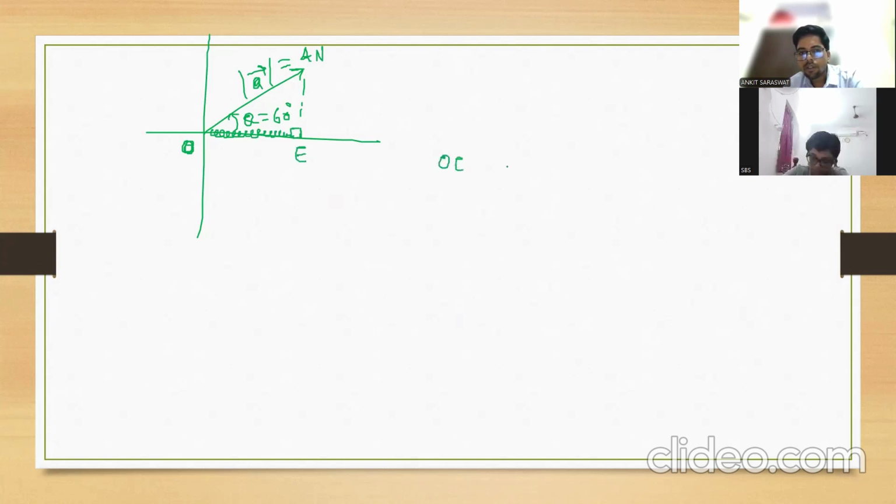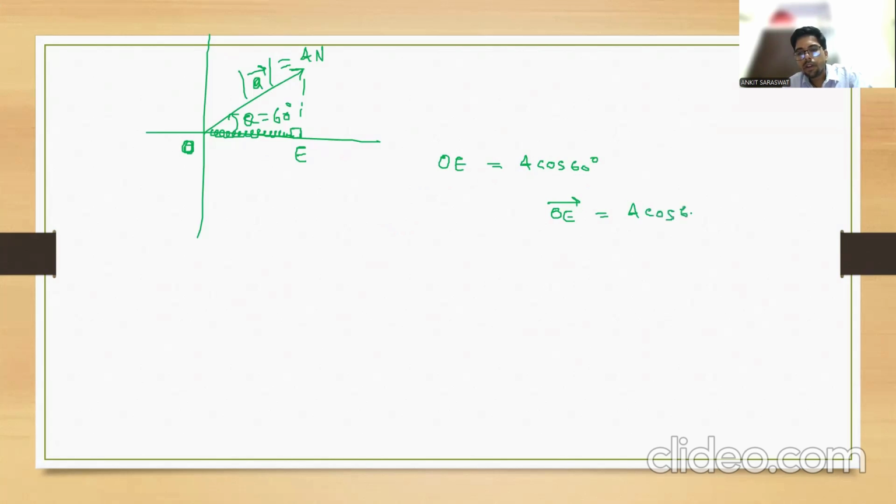OE is 4 cos 60. This is the projection. But if I ask for the projection vector, OE vector, it is 4 cos 60 I cap.